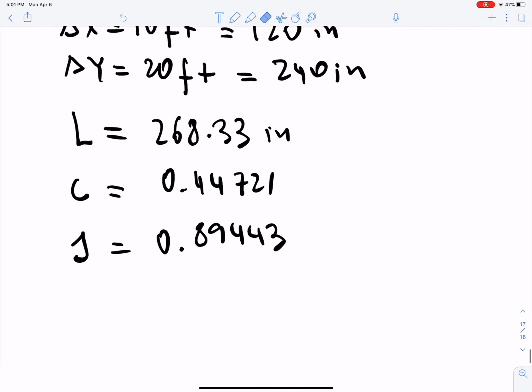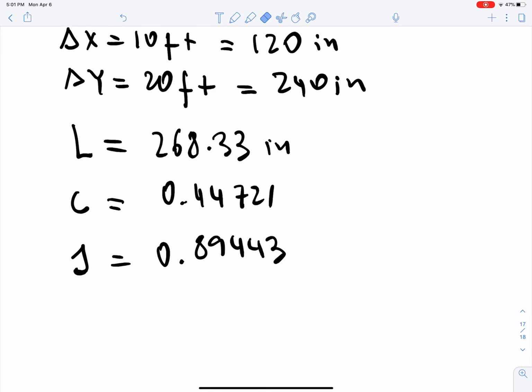So this information allows us to construct what?